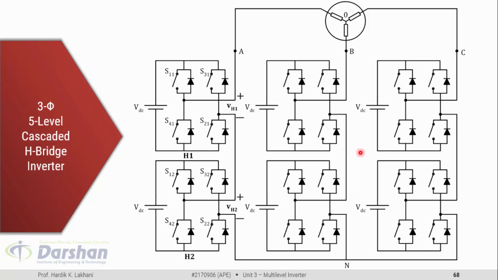Similarly, by keeping a 240-degree phase delay and operating this leg with the same switching sequence, we produce the 5-level signal for phase C. And this 3-phase 5-level AC signal can be used to drive a 3-phase load. So this is the diagram for the 3-phase 5-level cascaded H-bridge multi-level inverter.